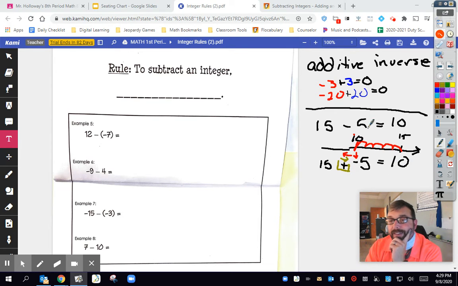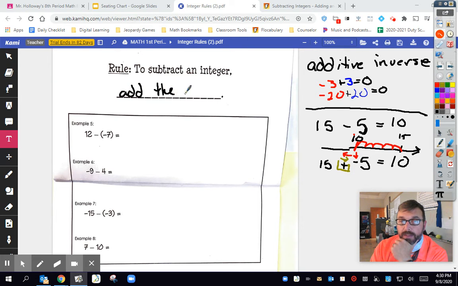So instead of subtracting, it is possible to add the additive inverse or add the opposite, and I can come up with the exact same answer. Interesting rule. Let's write this down and see what happens. To subtract an integer, we want to add the opposite.